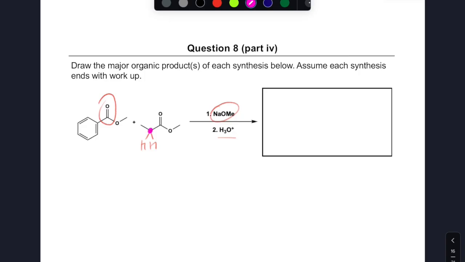The acceptor is over here, so we're going to have a new bond between those two centers. Our aromatic group sits here, carbonyl, the new bond we just formed, and then our donor. Now, the nucleophile is going to sit here, and the electrophilic center, the acceptor, is there. So the new bond is between those two centers.